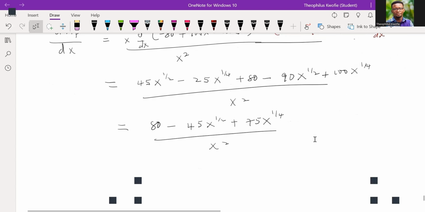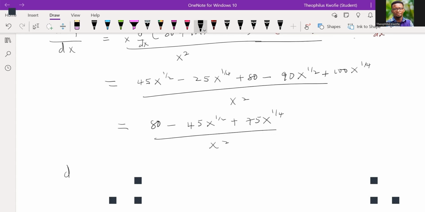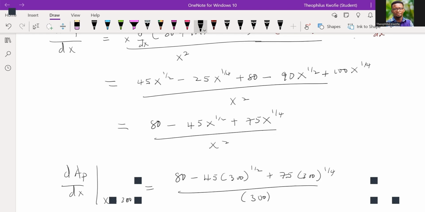Now, when you look at the question, it says to find the rate at which the average profit is changing at a point where we have about 300 geraniums, right? So we're going to evaluate the average profit at x equal to 300. It just means that wherever I see x in this result, we should replace it by 300. With 300, when you use a calculator to punch it in, you should get something like 11.196 dollars.